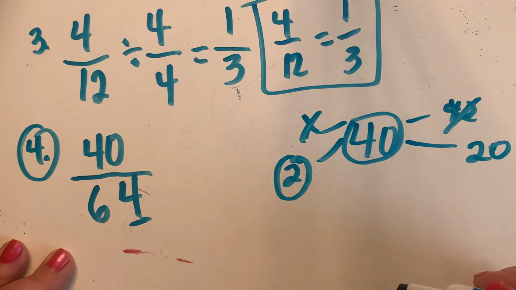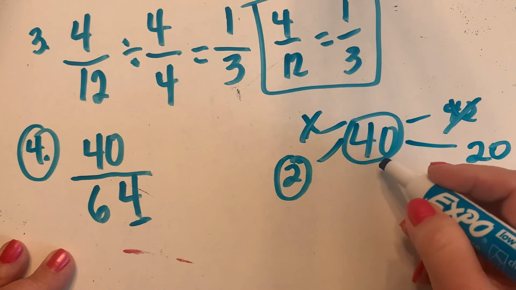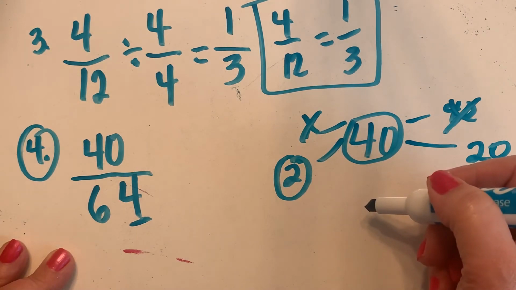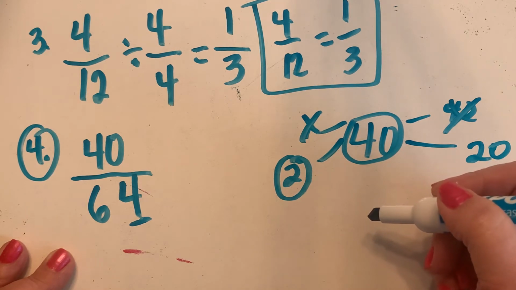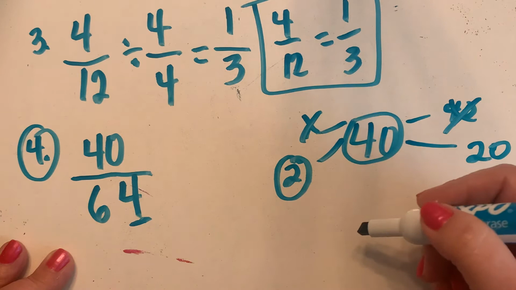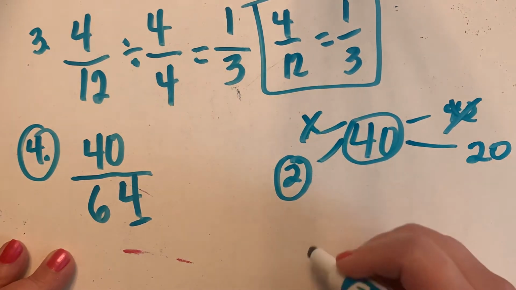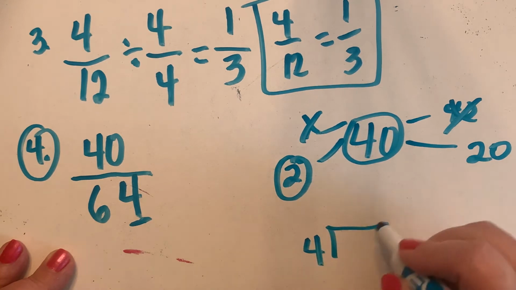Will 3 go into 64? No, nor will it go into 40. 4 goes into 40. Okay. I lost my brain. Will 4 go into 64? Well, let's see.